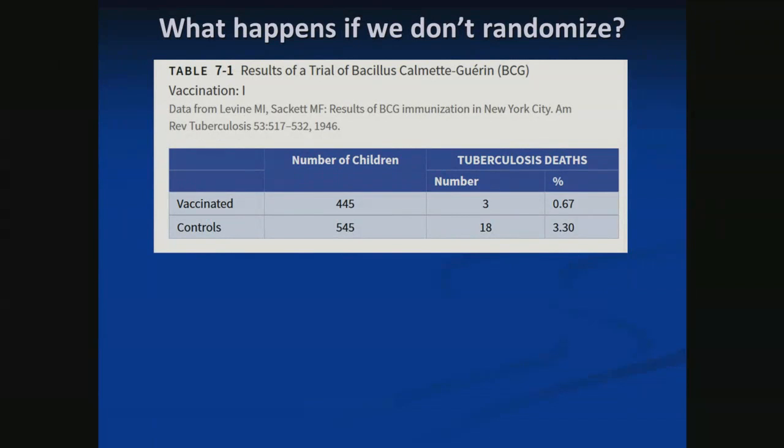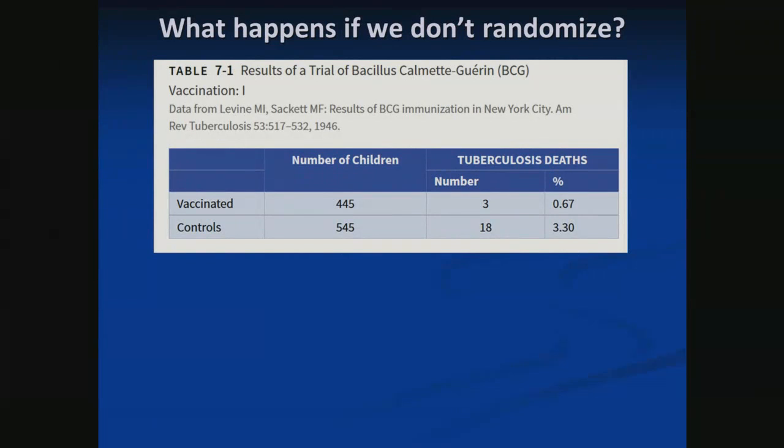And the way it was done is they went around to certain practices of physicians in specific hospitals and said to them, we want you to vaccinate a certain number of children. And then there was a control group that did not get vaccinated. All right? These are the numbers that came up in terms of following them up for TB deaths. So in the vaccinated groups, approximately the same number of vaccinated and unvaccinated.